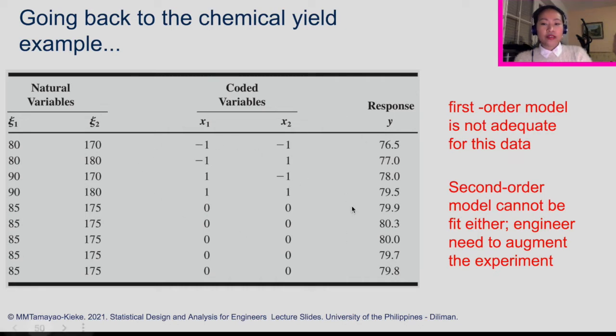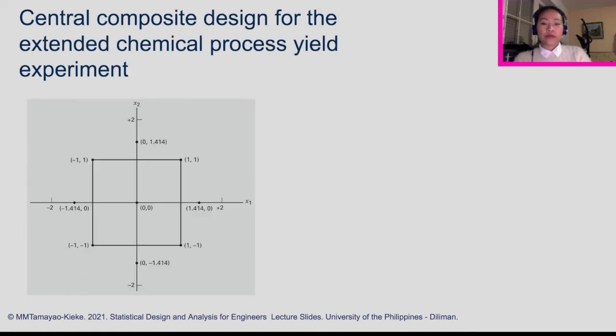If you just stick with this data, a second order model cannot actually be fit either. So further experimentation is needed. For that, in this particular example, the central composite design is used. This is one of the most popular experimental designs for fitting the second order model.